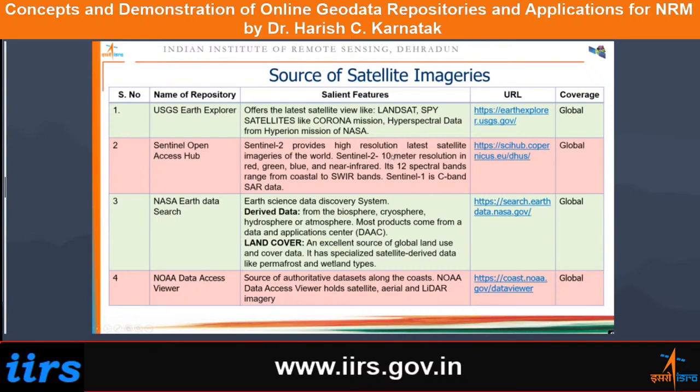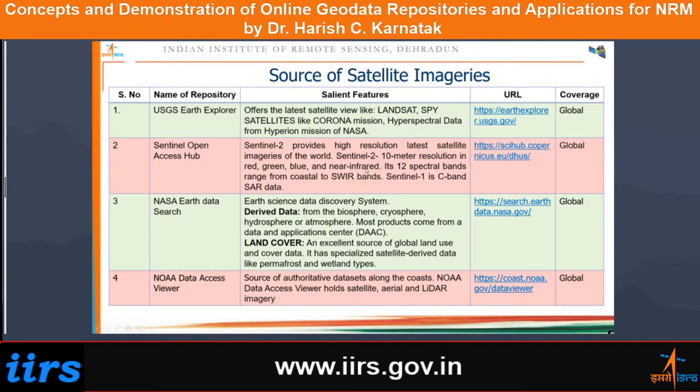Every 10 days, they provide new coverage or a new data set of the same areas. It's around 12 spectral bands, ranging from coastal to SWIR band, and they have the Sentinel-1 C-band SAR data as well. So here, not only the optical data, you can also download the C-band SAR data from this website. And the URL of this website is this. Of course, they provide global coverage. So a very, very popular website.